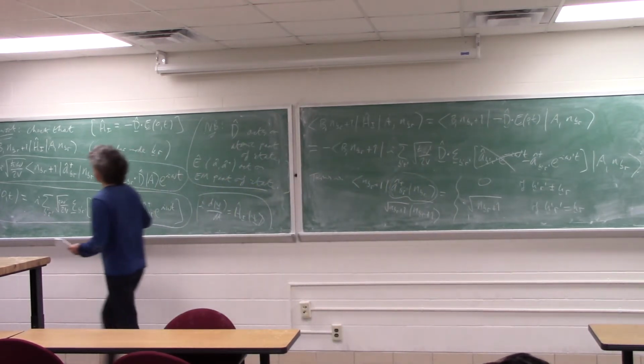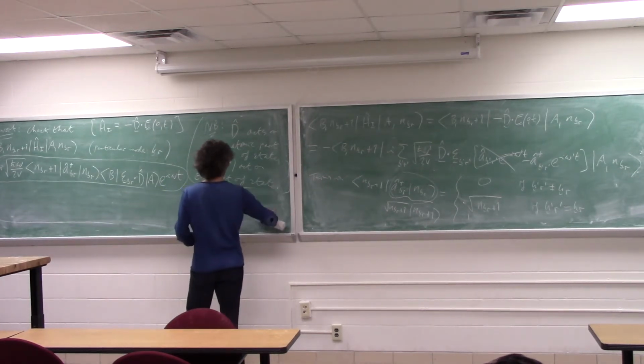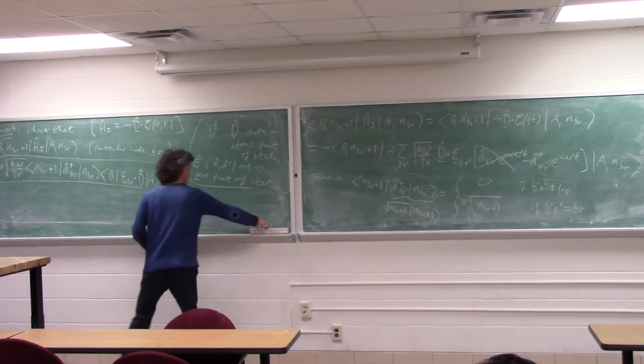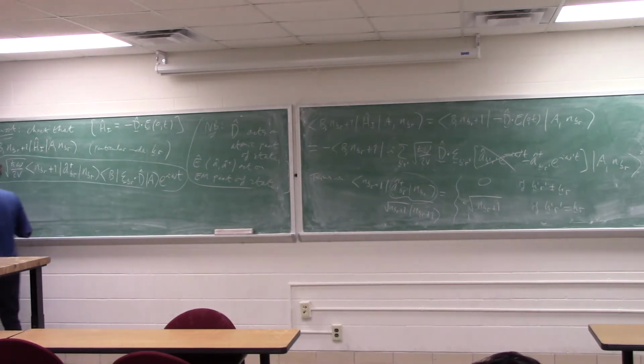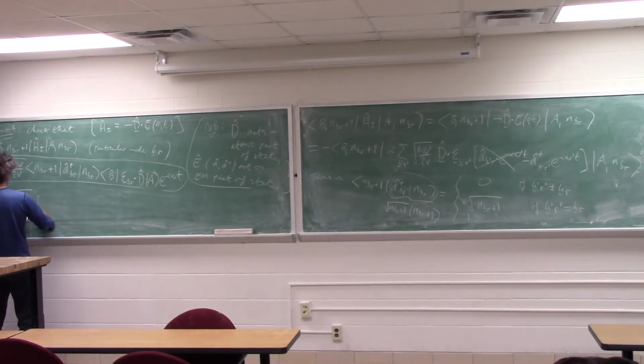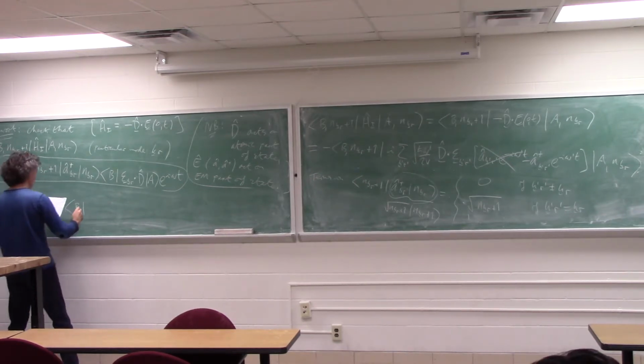So in fact, I can write this result as follows: i times the square root of h bar omega over 2V times the square root of n kr plus 1 times the matrix element for the atomic part.